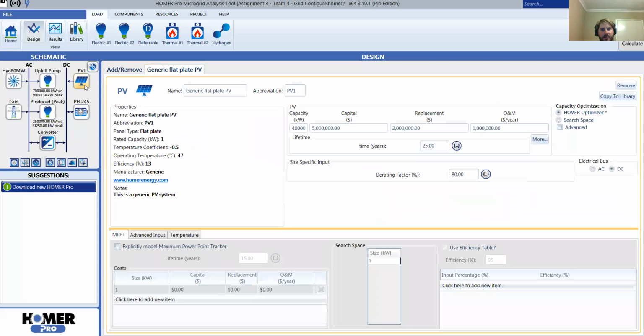Next one's the PV cells. This is what I'm having trouble with. I've got 40 megawatt capacity. I've put the capital quite low because, as you'll see when I produce the final figures, it produces quite a massive number. There's the replacement, and then the operation and maintenance a year.